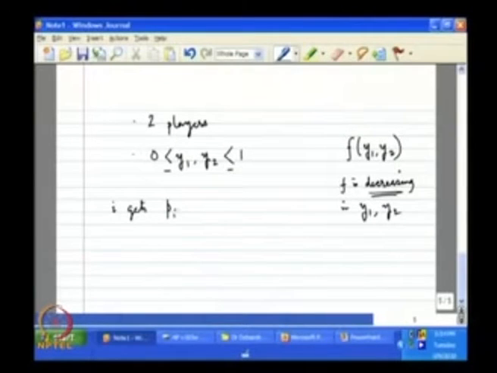Pi of f, where Pi is given by 1 if yi is greater than yj, half if yi equals yj, and 0 otherwise.